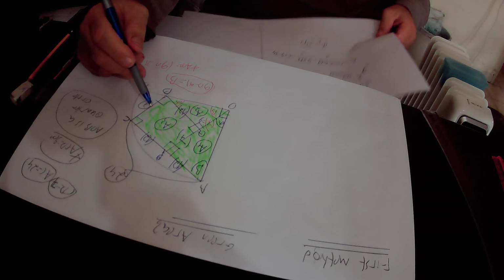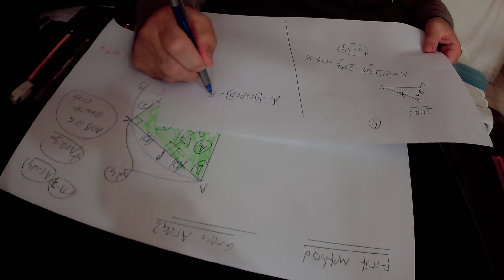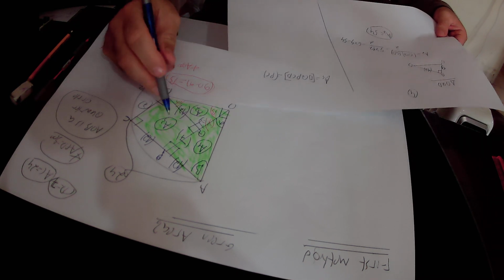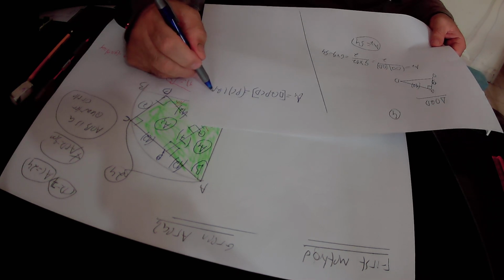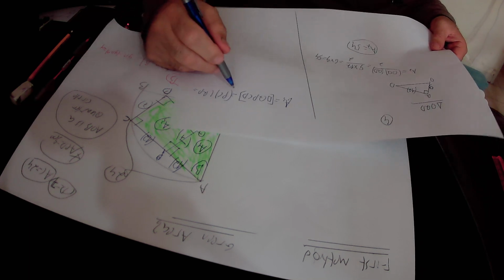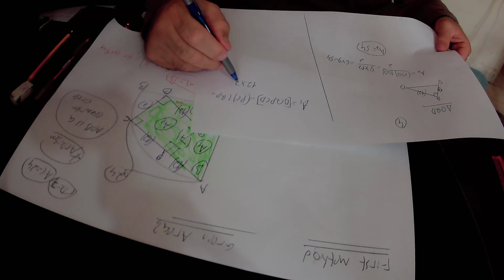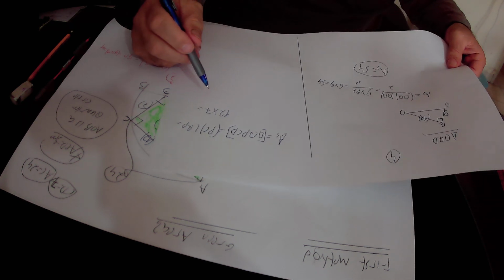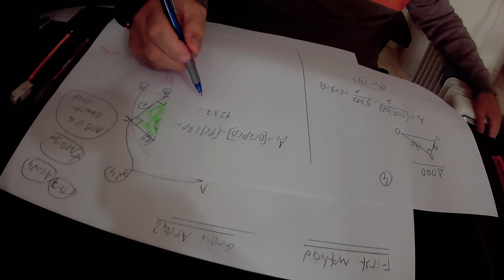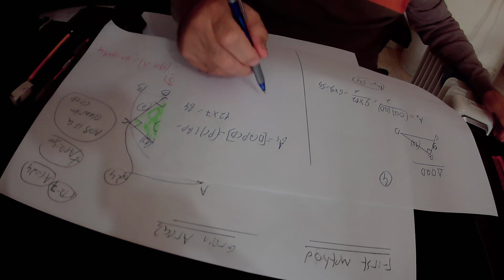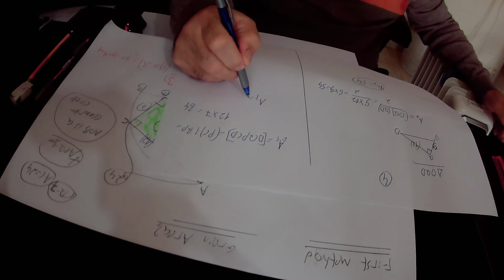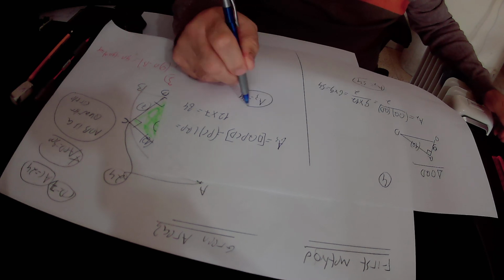The length is PC and the width is QP. PC equals 12 and the width QP equals 7. So in total the area A3 equals 12 times 7, that is 84. A3 equals 84 square units.